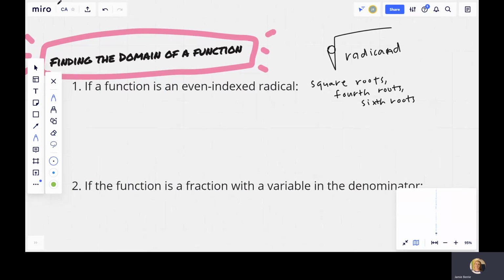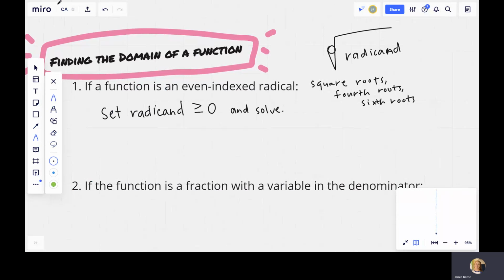But for any even indexed radical, here's what you do. You set the radicand, which is the expression that's under the radical, greater than or equal to 0 and solve. So that's going to tell you your domain.